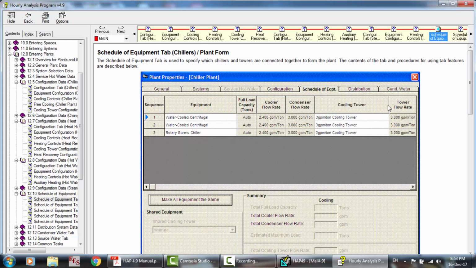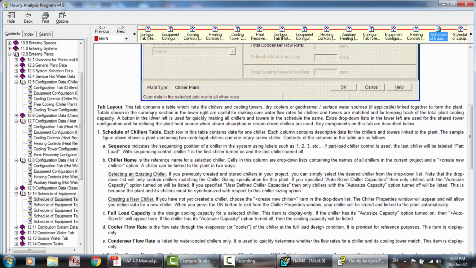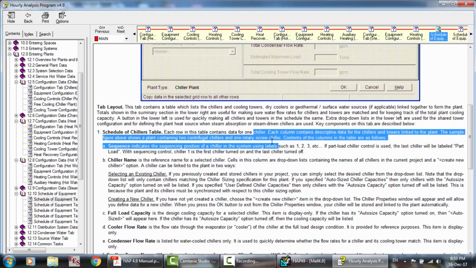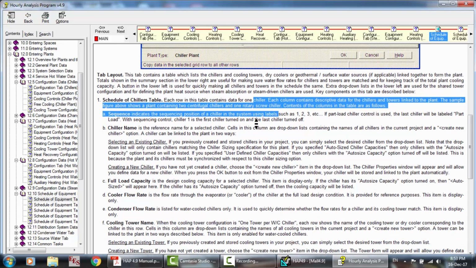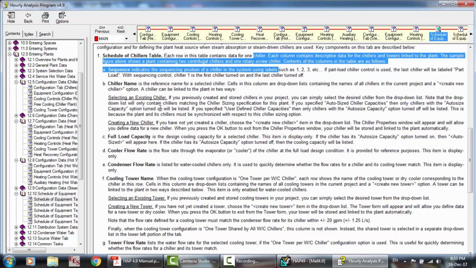Each row in the table contains data for one chiller. This is the sequence and chiller name, selecting an existing chiller or creating a new chiller. You have to know when you can use this and when you cannot. Also the full load capacity, the design cooling capacity for the selected chiller.